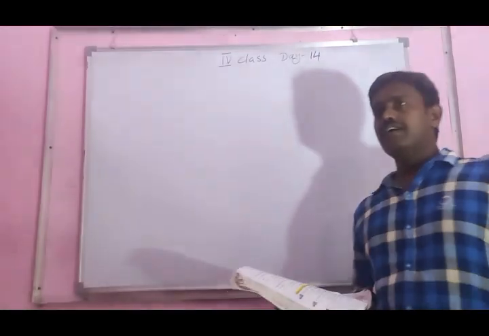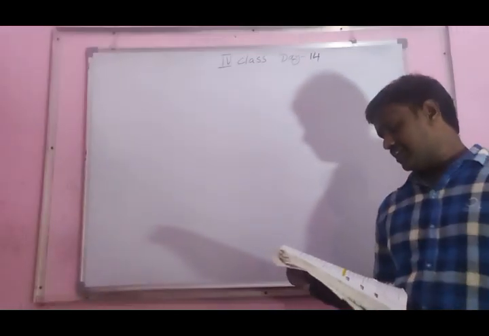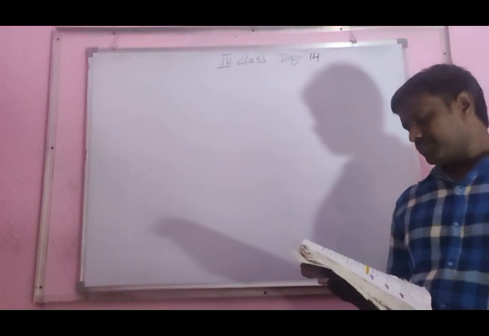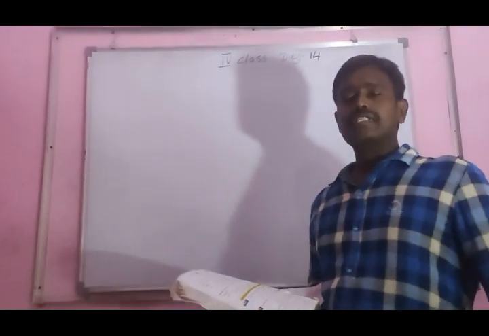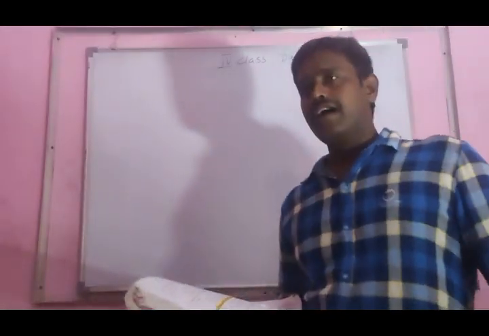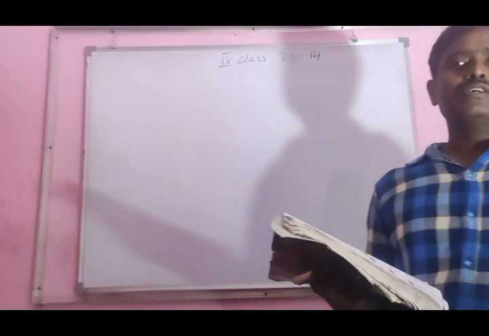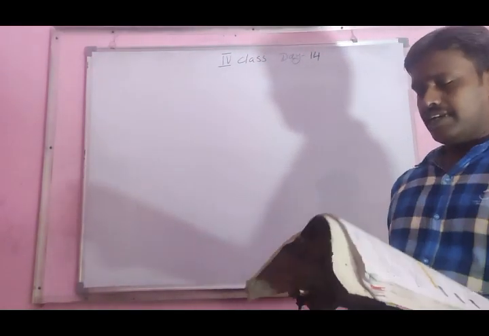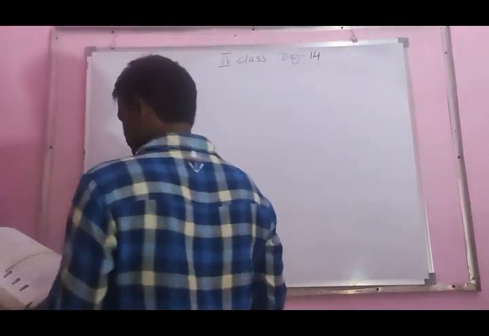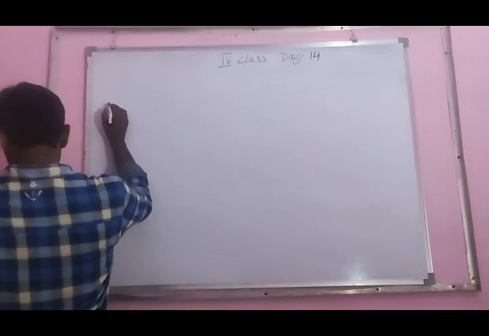Ascending order means small number to big number. Already you have learned this in the previous class also. So here C is fourth Roman.